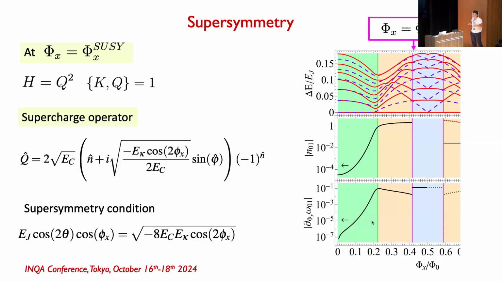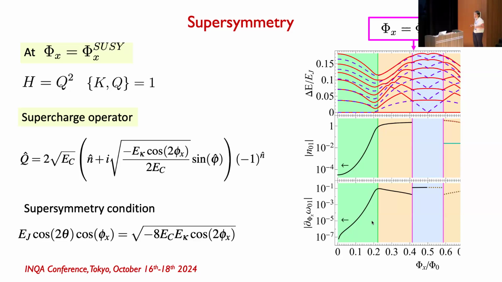These are the supersymmetric partners. In this system, this supersymmetry point separates two very distinct decoherence regimes, so by studying the coherence, you can detect the presence of this type of point.